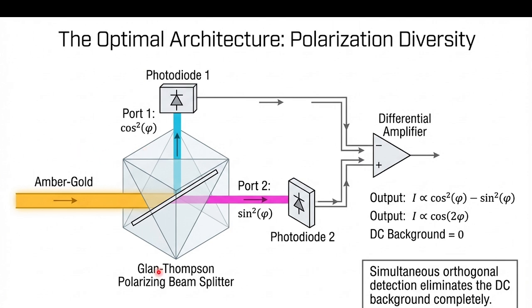So here is a beam splitter, which is a Glan-Thompson polarizing beam splitter. It is splitting the polarized light into two directions, where photodiode 1 is getting the reflected beam of the polarized light, while photodiode 2 is getting the transmitted beam of the polarized light.